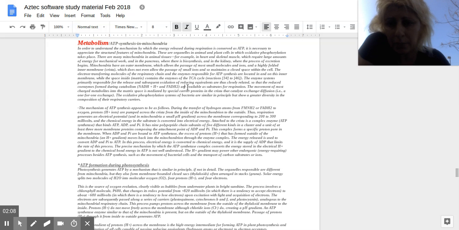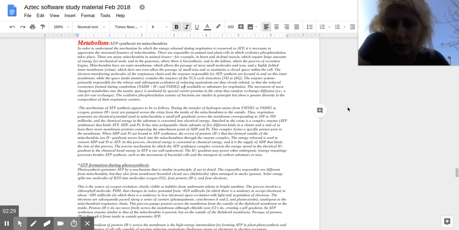The movement of most charged metabolites into the matrix space is mediated by special carrier proteins in the crista that catalyze exchange or diffusion, a one-for-one exchange.